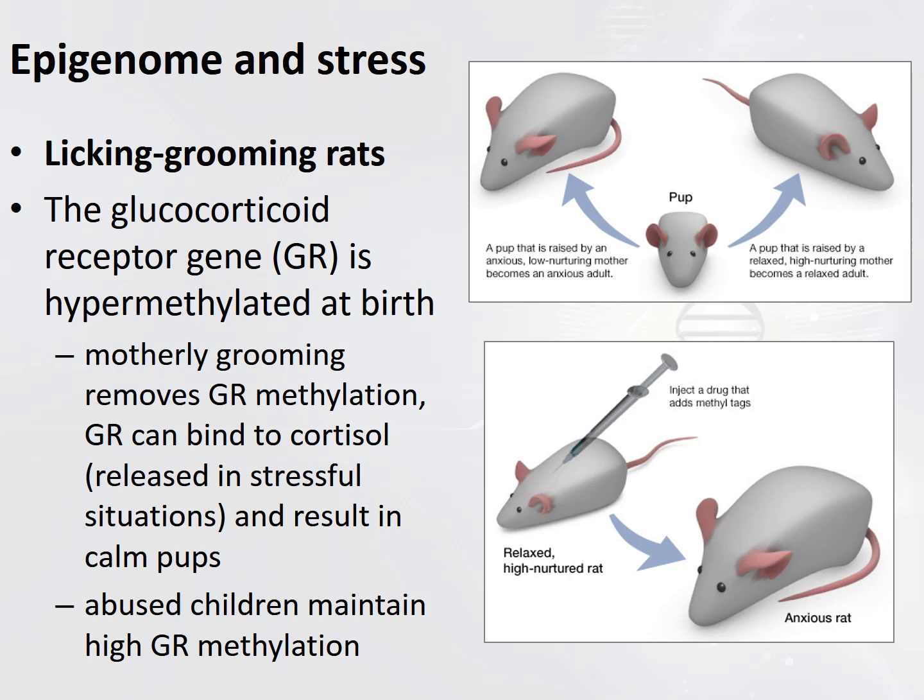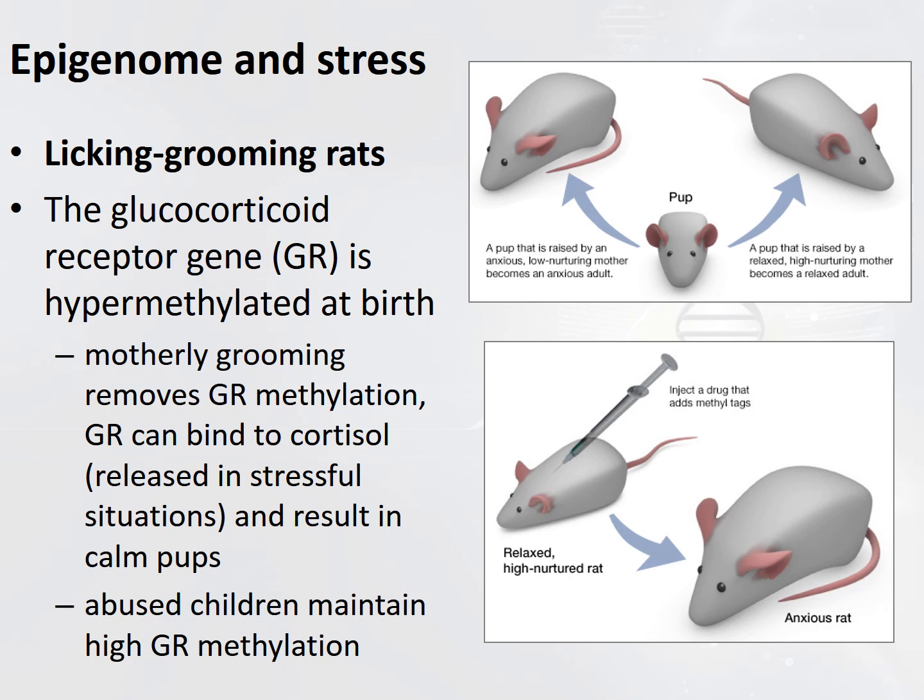However, pups in a litter where the mother was neglecting them, was not licking and grooming them, were anxious and difficult to handle, and their levels of glucocorticoid receptor were very low. However, this experiment can also be replicated by taking a low nurtured rat, injecting its brain with a drug that removes the methyl groups, and it starts acting exactly like a high nurtured rat.